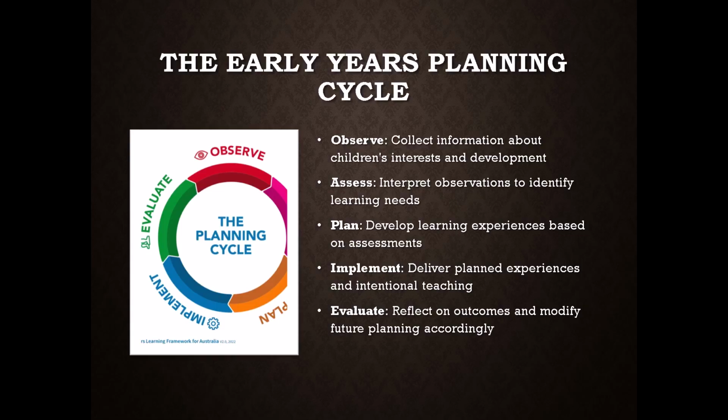From there, we plan experiences and environments that will support learning. Implementation involves intentional teaching as well as spontaneous learning opportunities. Finally, we evaluate the effectiveness of our strategies, using insights to inform the next cycle. This cycle ensures teaching is responsive and rooted in evidence.